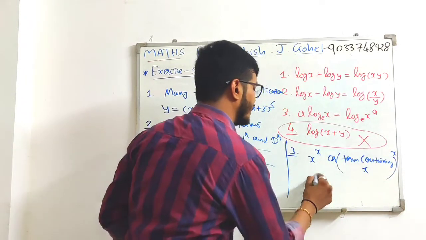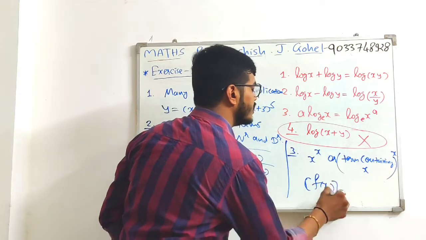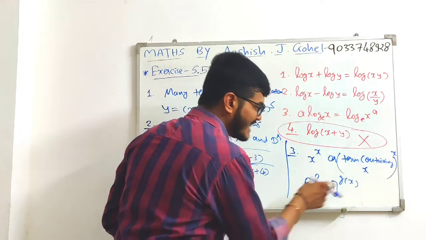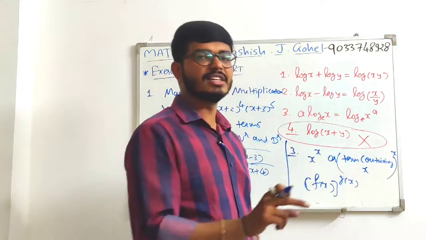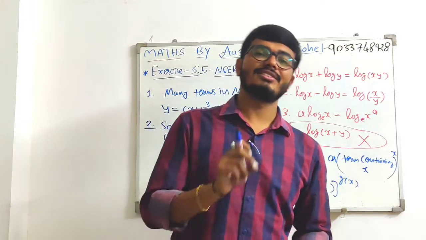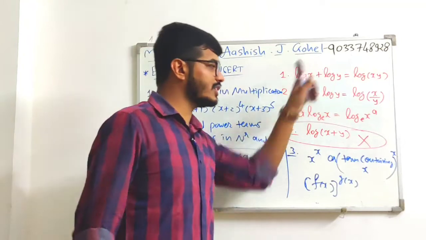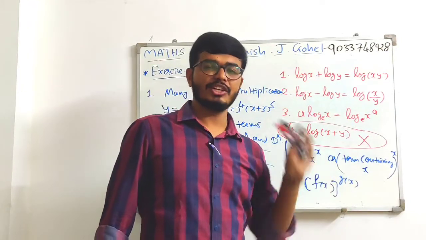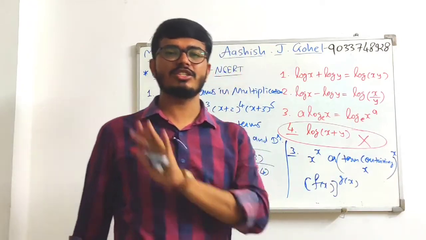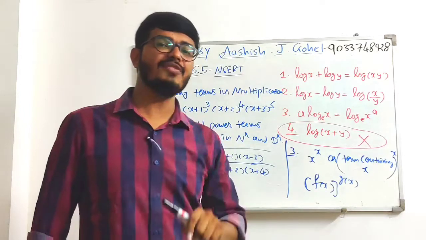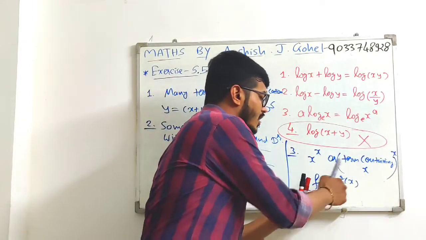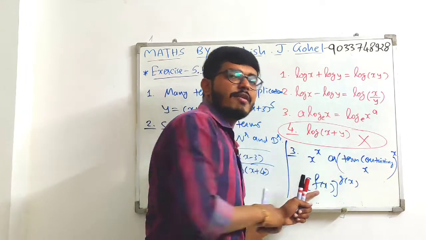In short, we can say f of x raised to g of x. If base and power both have terms containing x, then it is compulsory that we take log, and only after that can we differentiate the function. Otherwise it is not possible to differentiate any function having x in the base as well as the power.